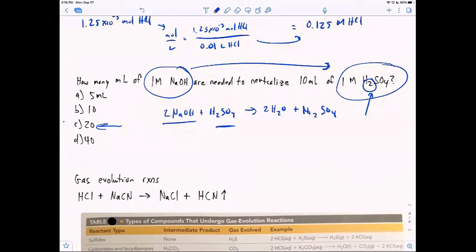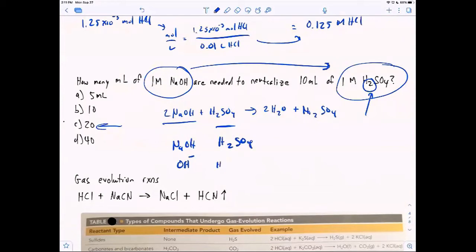Right, but to neutralize, you need equal parts of. Yeah. Because sodium hydroxide is going to form one hydroxide, and H2SO4 is going to form two. I'll just do hydrogen ions.